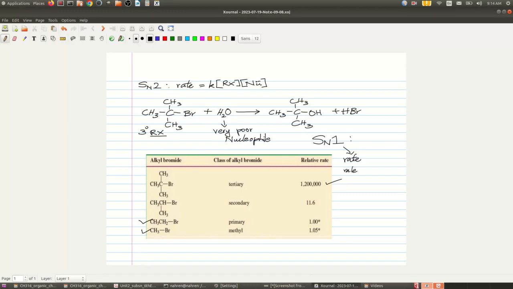It turns out that the rate equals k times the concentration of the alkyl halide alone. That means only the alkyl halide is involved in the rate determining step.